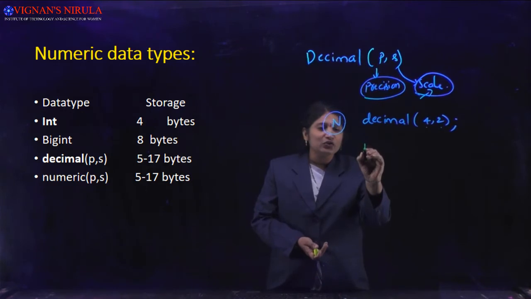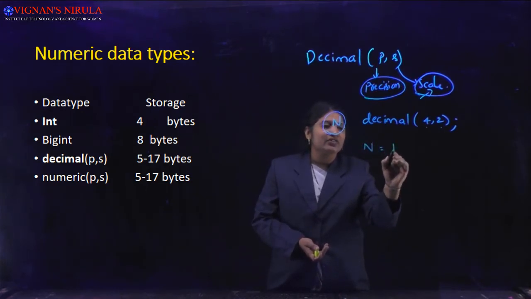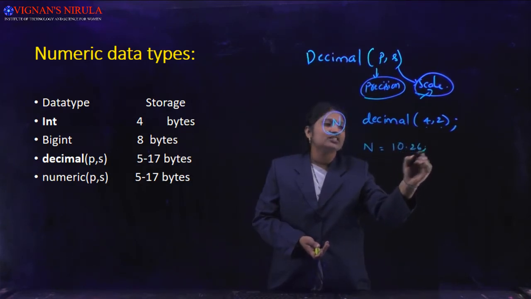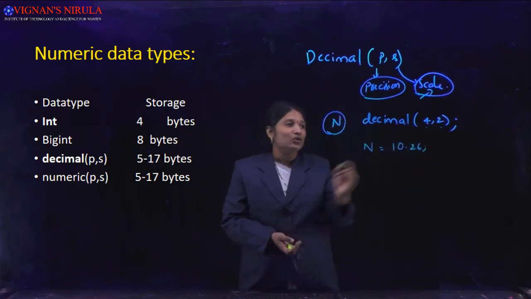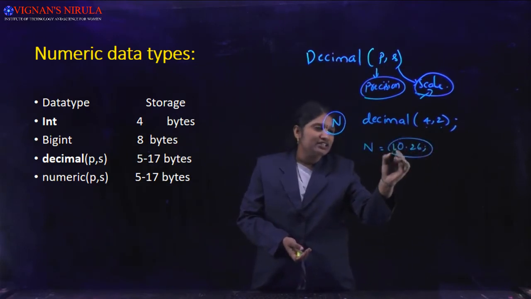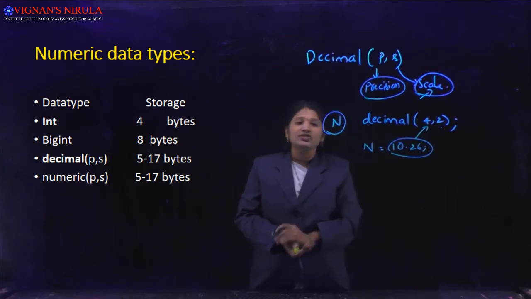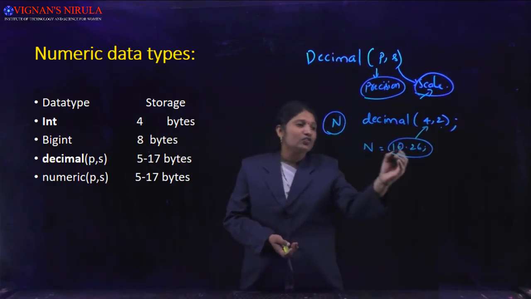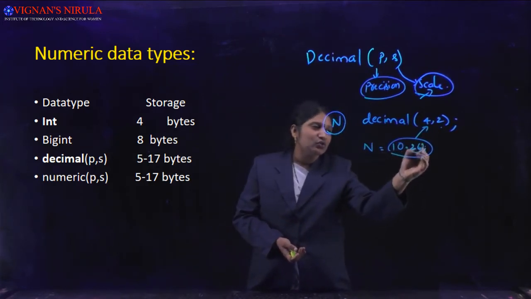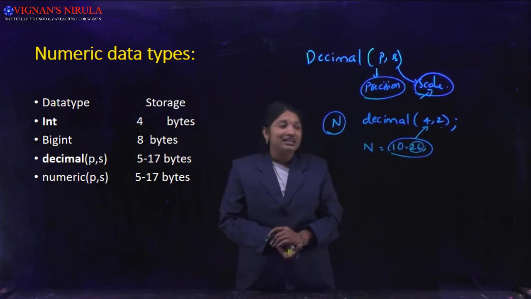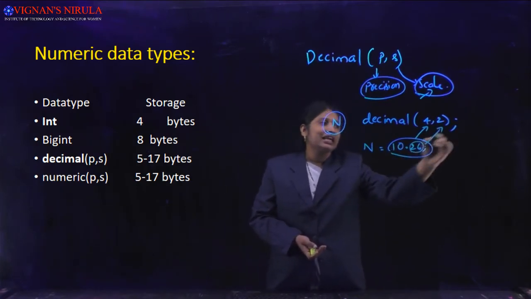So the value for n can be, for example, 10.26. Totally you have used 4 digits, 1026, which is called the precision of that number. After the decimal point you have used only 2 digits, which is called the scale of that particular number.